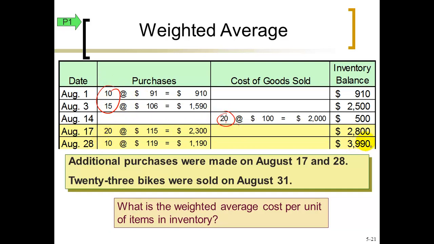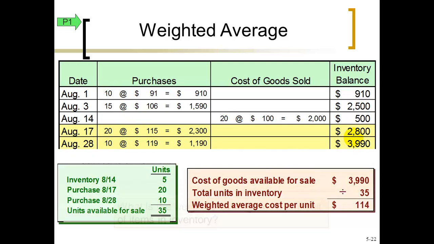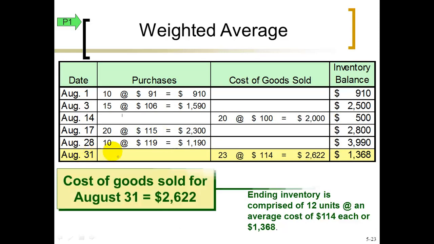You're going to take that cost and divide it by the 35 units left over to get a new weighted average. Okay, we didn't take a new average after selling. We took a new average after buying, before the next sale, which is August 31st.